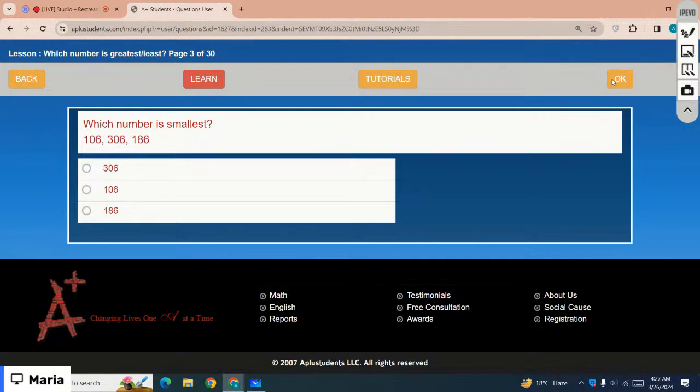The smallest one is 106, right? 106 is the smallest one.